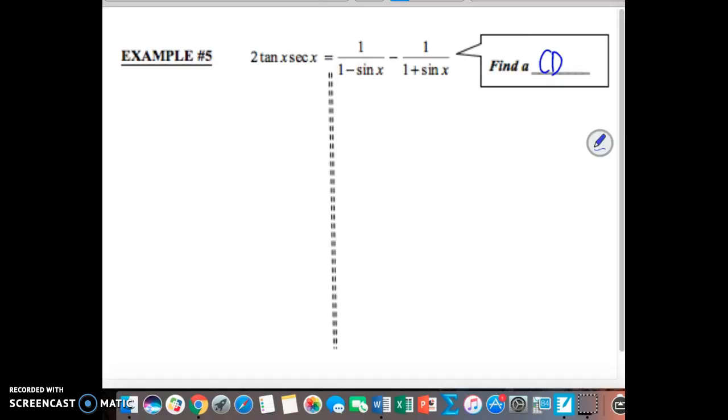So in the numerator, we will be left with 1 plus sine of x minus 1 minus sine of x, all divided by 1 minus sine of x times 1 plus sine of x.